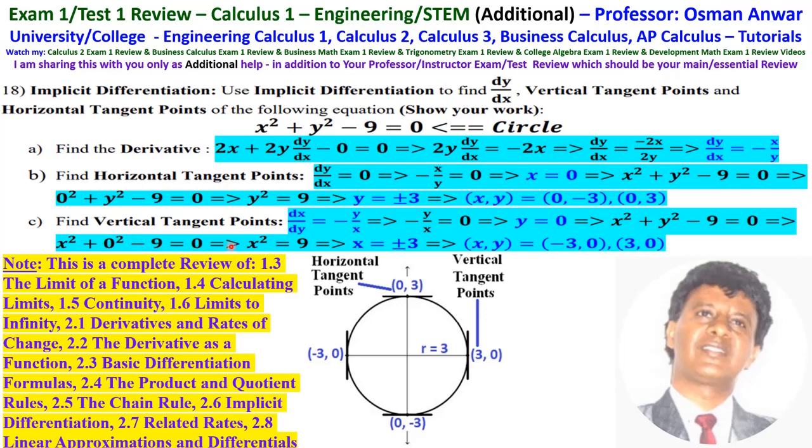That means x squared equals 9. That means x equals plus or minus 3. So that means when x is minus 3 and 3, y is 0. So those are the vertical tangent points, which is minus 3, 0 and 3, 0.